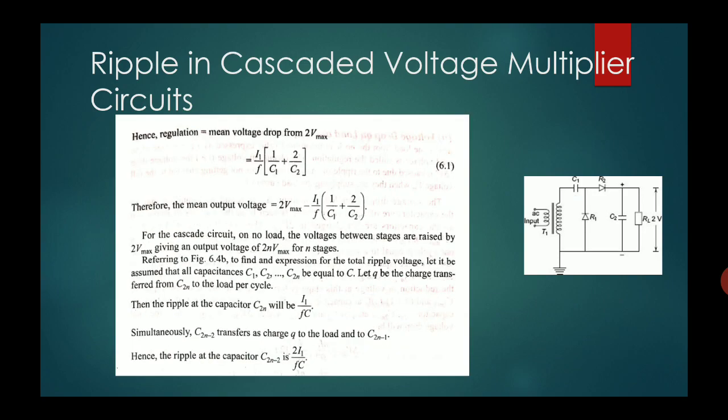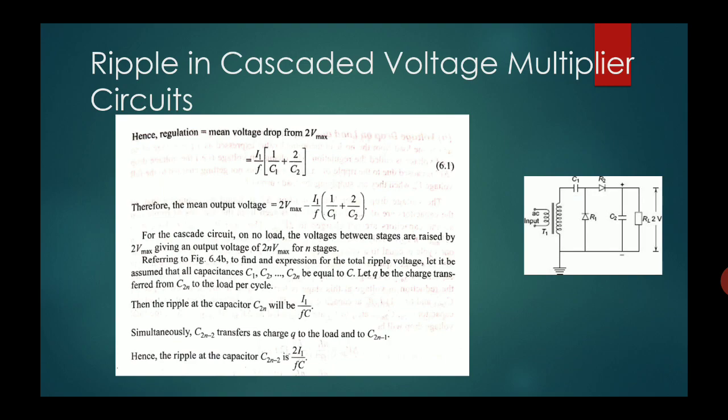Hence the regulation is the mean voltage drop from 2 Vmax, which is nothing but I1 by F into 1 by C1 plus 2 by C2. Therefore the mean output voltage is 2 Vmax less this drop, by the expression that we got previously.